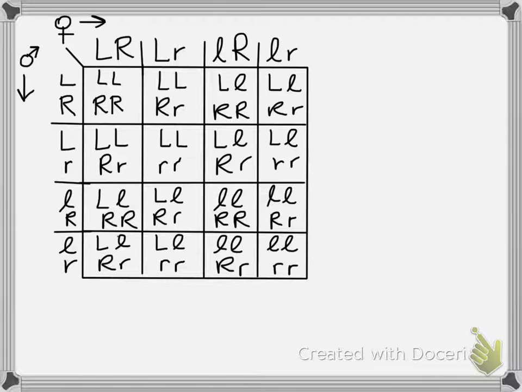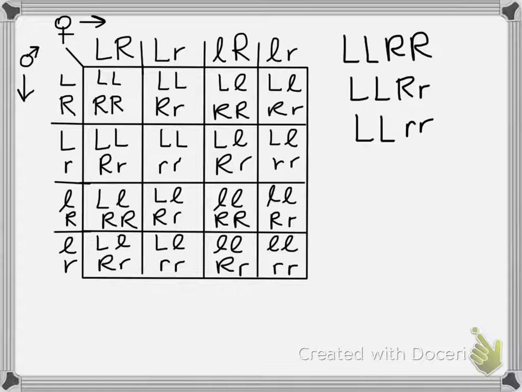So I'm going to list all of the possibilities with a homozygous dominant for the pollen first. So big L big L: big R big R, big R little r, little r big R, little r little r. Double homozygous dominant, big L big L big R big R, and so on. Okay, so that's my first set.